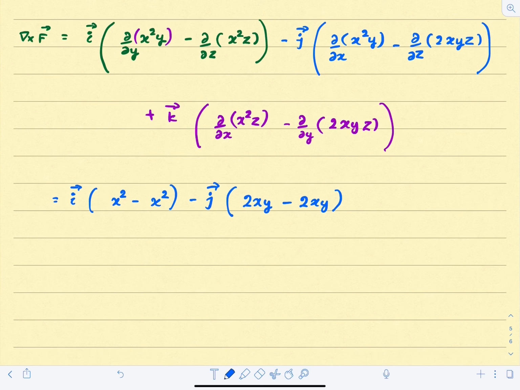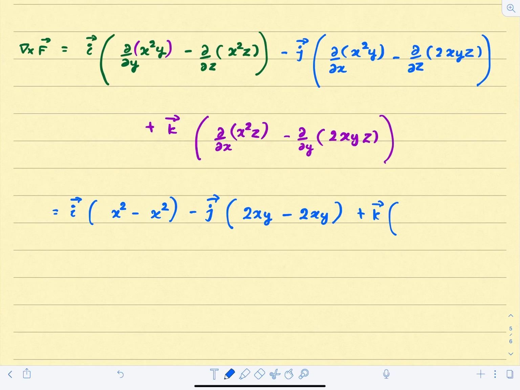Okay, and the last part, plus k times derivative of x squared z with respect to the x variable, which should be 2xz, minus derivative of 2xyz with respect to the y variable. Okay, so here we have a product. 2 times x times z can be treated as if it is a constant, and derivative of y with respect to y is 1. So you will get minus 2xz.